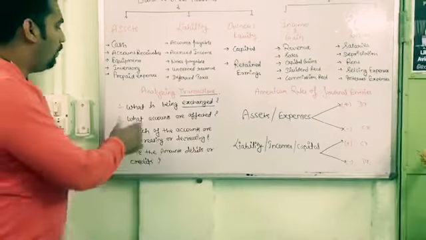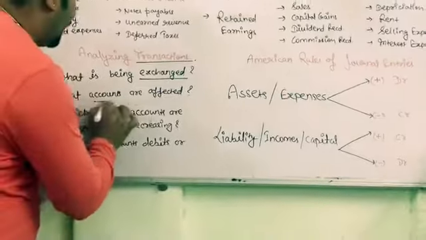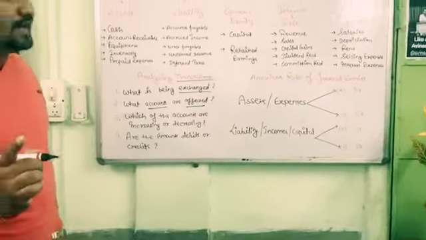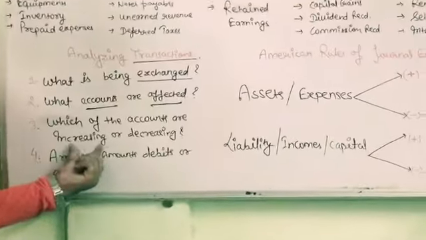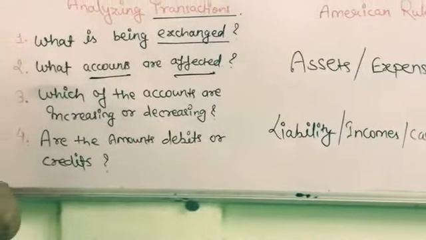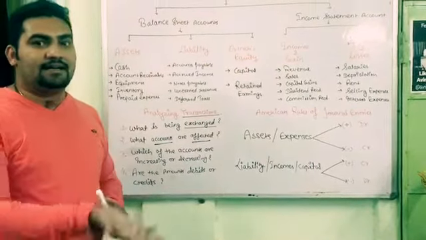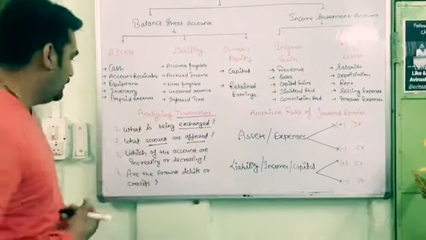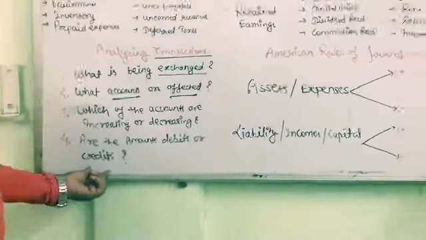Next, what accounts are affected? इस पे भी आपको ध्यान देना है. Which of the accounts are increasing or decreasing? अगर आप मशीनरी परचेज करते हो तो मशीनरी आती है, that increases, कैश जाती है, that decreases. Are the amounts debit or credit?